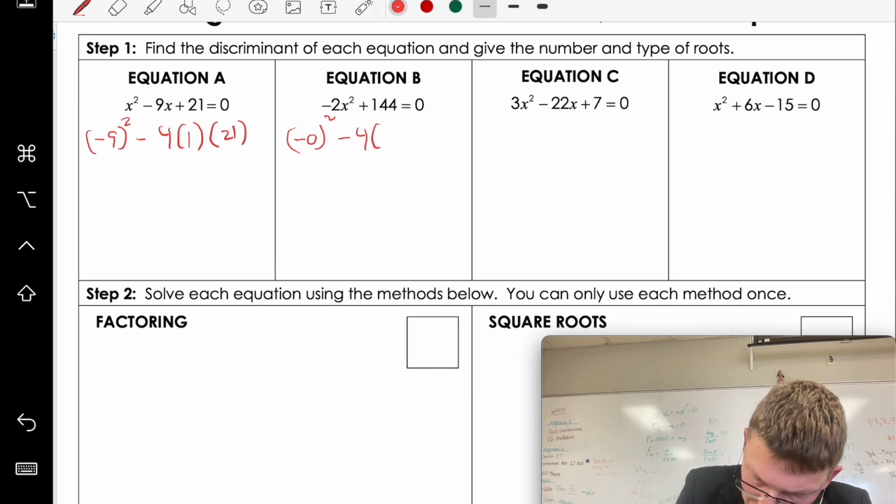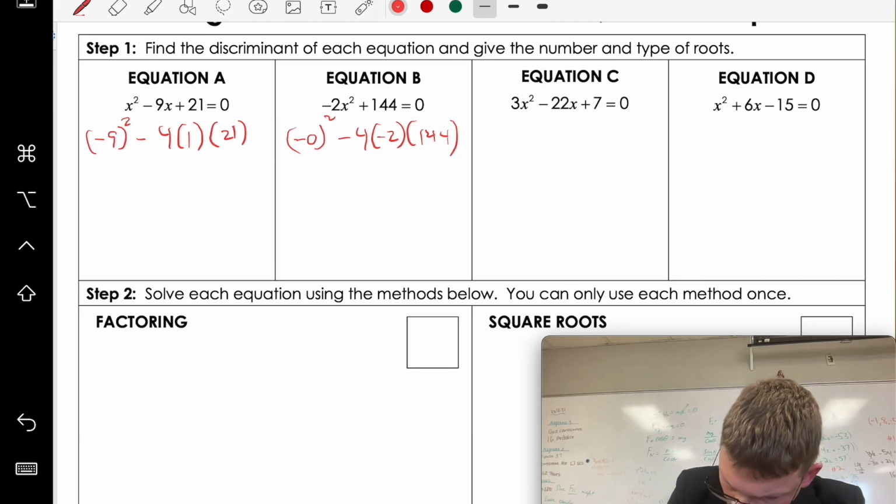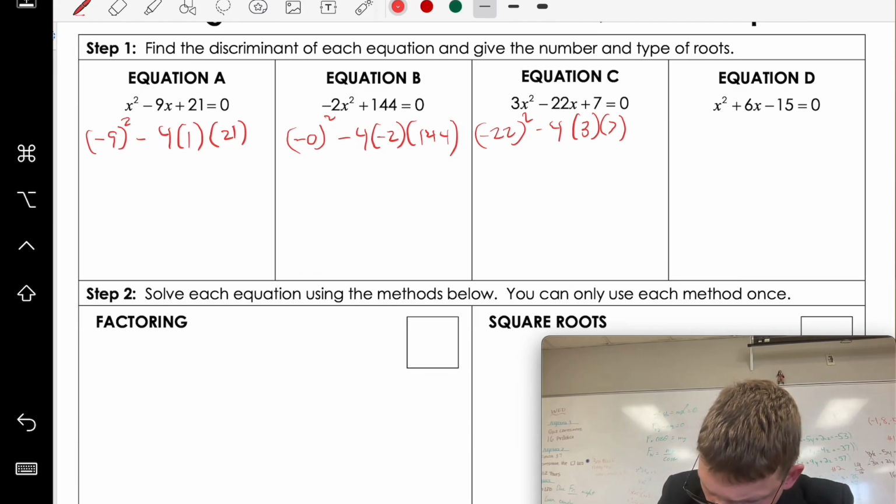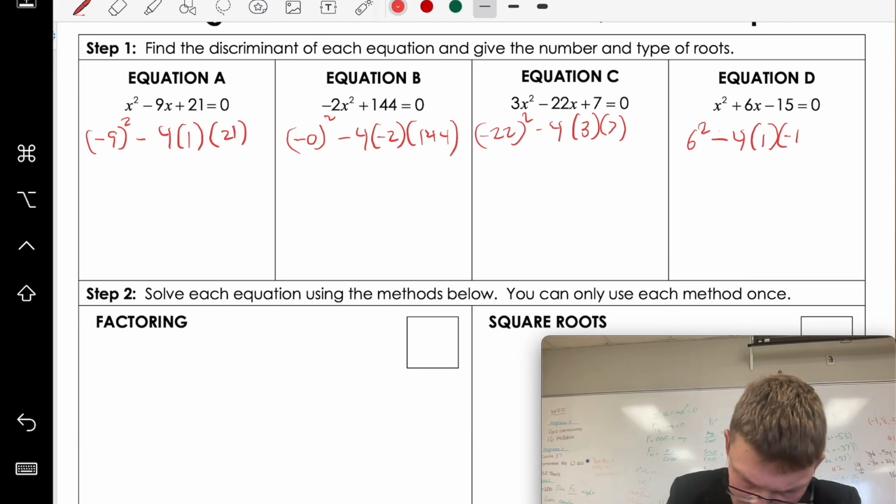Minus 4ac, b squared, negative 22 squared, minus 4 times 3, 4ac, 6 squared, b squared, minus 4 times a times c.